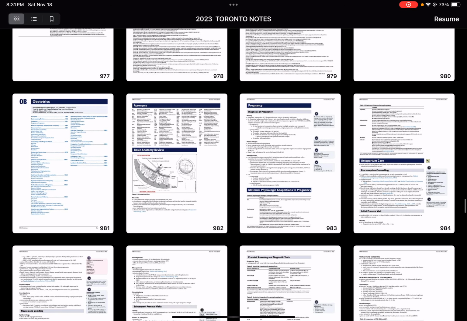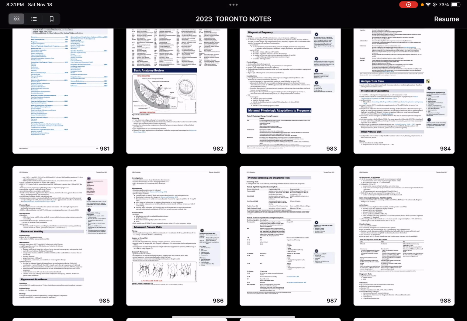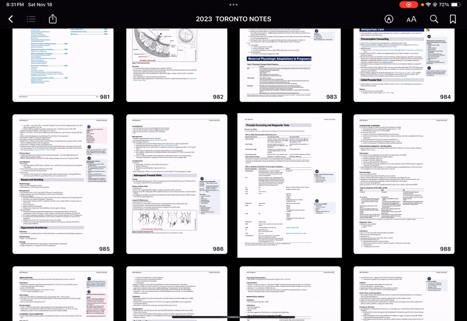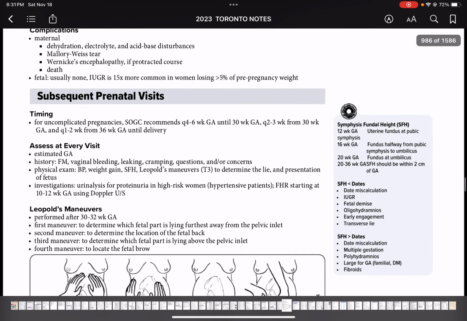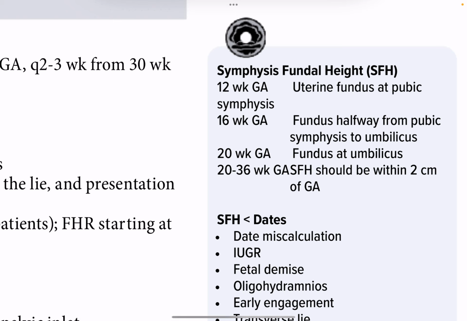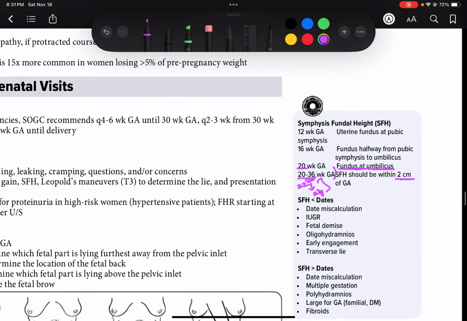Let me quickly look. There was a side table. Right here. So at 20 weeks, the fundus of the uterus is at the umbilicus, and from 22 onwards, the symphysiofundal height should be within 2 centimeters of gestational age, right?